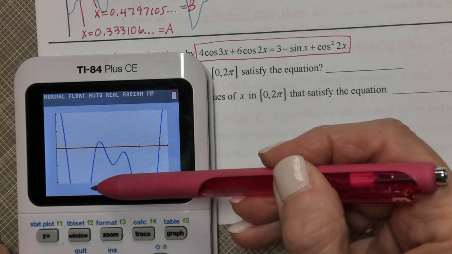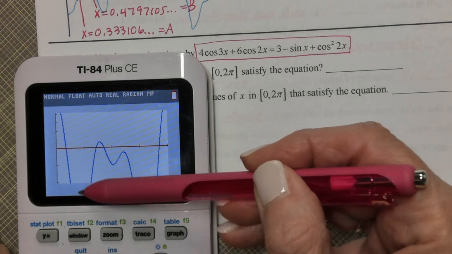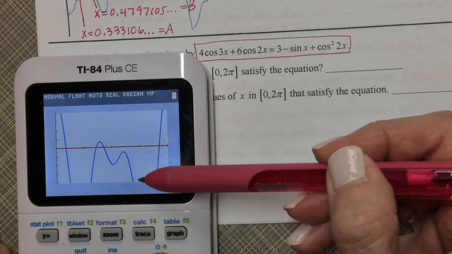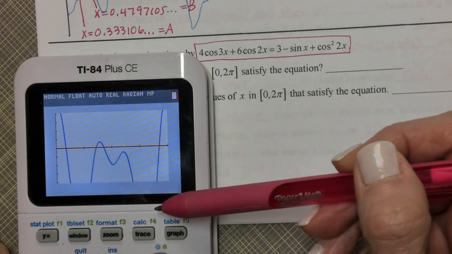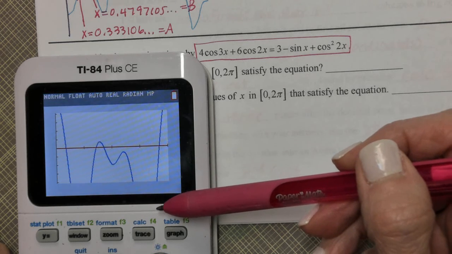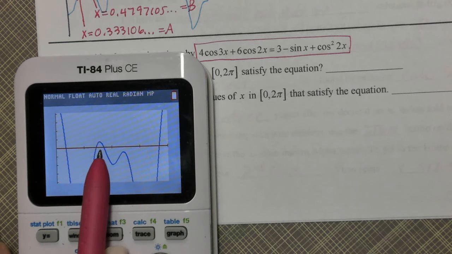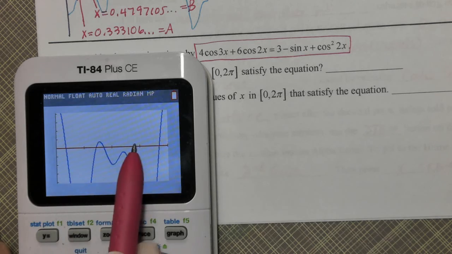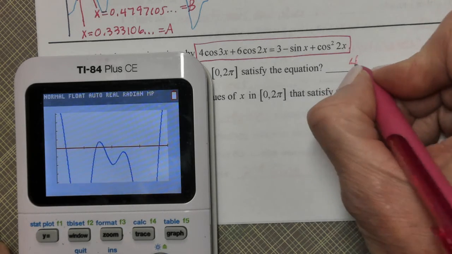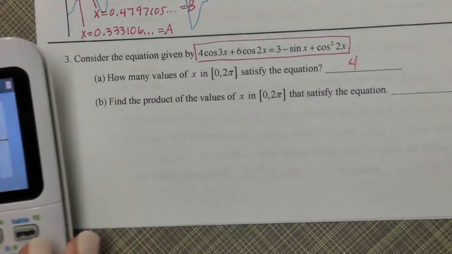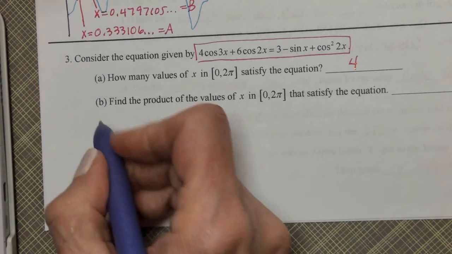I don't know exactly what's happening down here. There might be another wiggle, I don't know. But I really don't care, because all we're looking for are the x values that satisfy this equation, which means I'm only looking for these values. How many are there? 4 again. I'm going to sketch this graph to give us something to look at.